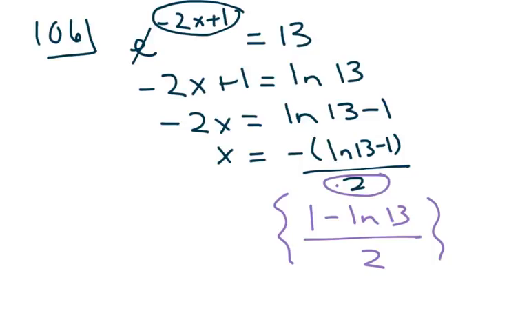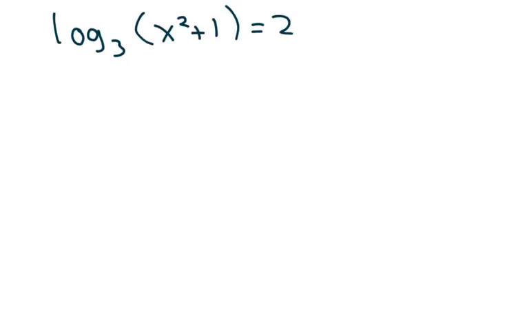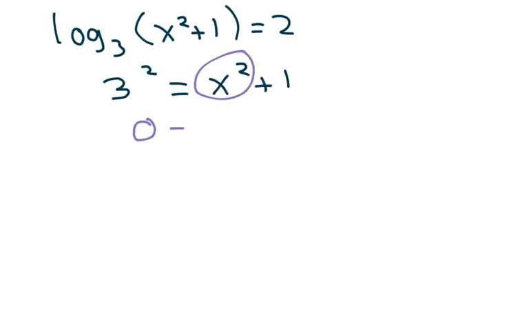Alright. And 107. Log base 3 of x squared plus 1 equals 2. So basically that's 3 squared equals x squared plus 1. So every time you have a square, remember, set it to 0. So basically we have 0 equals x squared plus 1 minus 9.